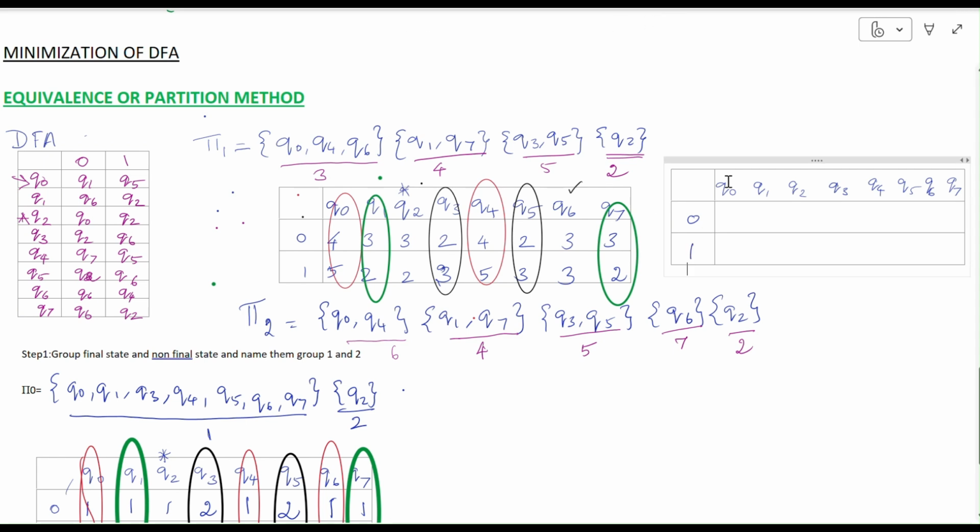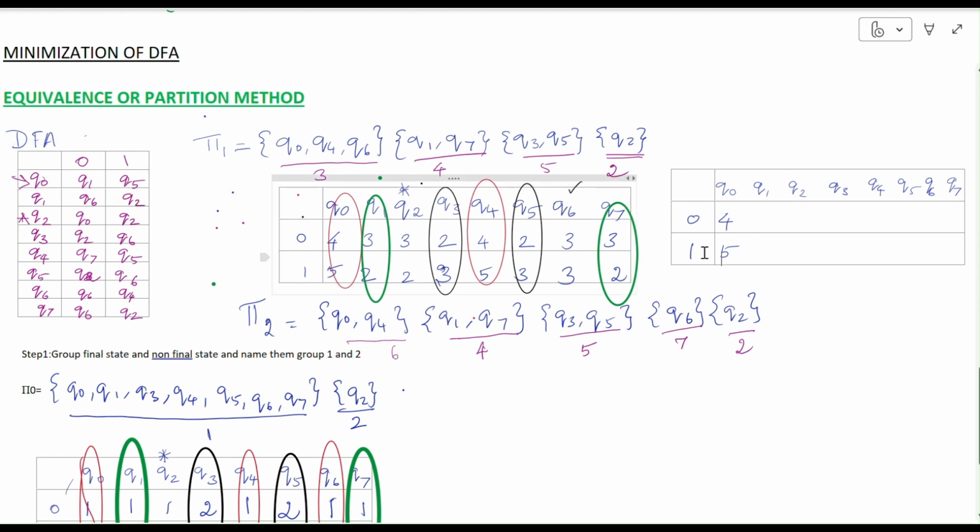Q0 on receiving 0 goes to Q1 which is of group 4. Q0 on receiving 1 goes to Q5 which is of group 5. Q1 on receiving 0 goes to Q6 and on 1 it goes to Q2.